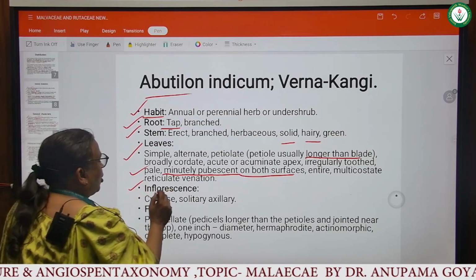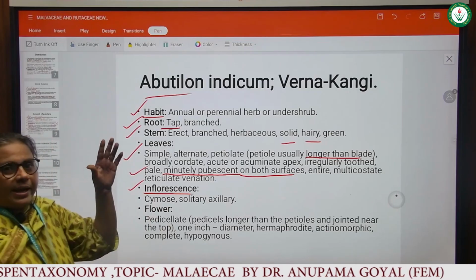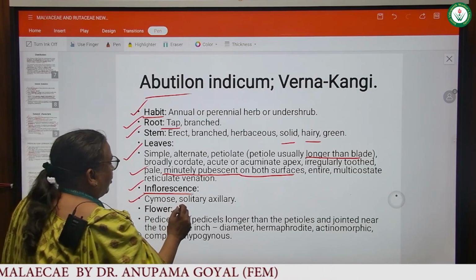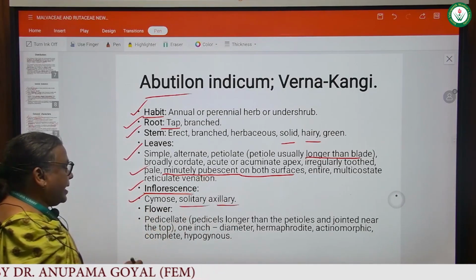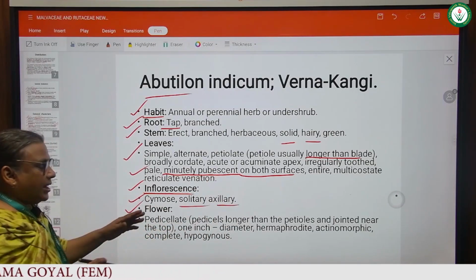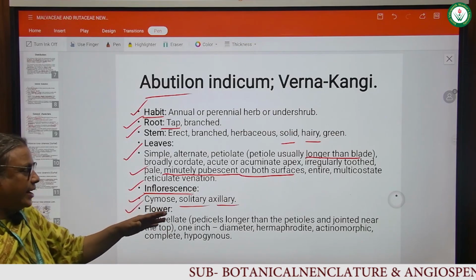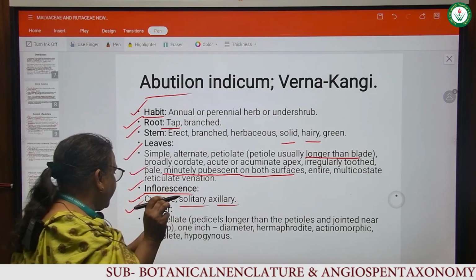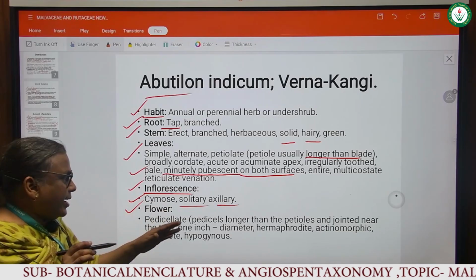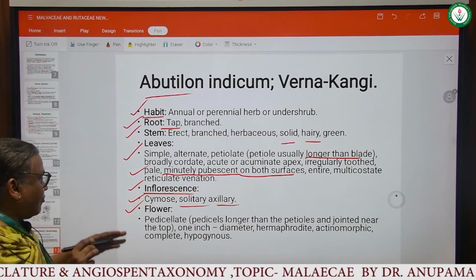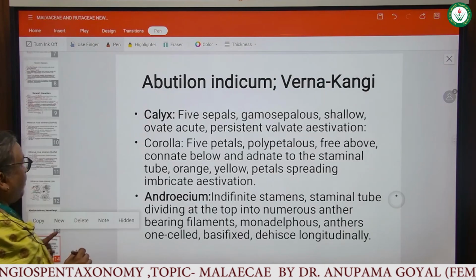Now I talk about the inflorescence in Abutilon indicum. The inflorescence is cymose and solitary axillary. The flower is pedicellate. Pedicels are longer than the petioles and jointed near the top, 1 inch in diameter, and the flower is hermaphrodite, actinomorphic, complete and hypogynous.